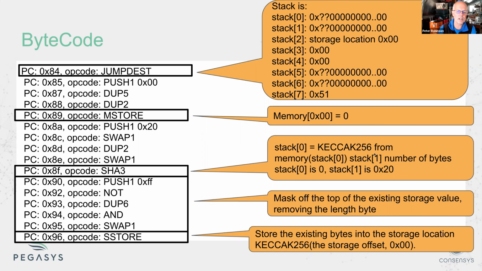It uses the memory location pointed to by the stack to do a message digest of offset 0 in memory for 20 hex bytes, which is that one word. Then it gets rid of the length byte that currently exists, and stores the information currently held in the bytes into that Keccak of 0.